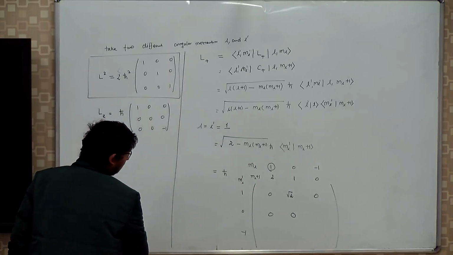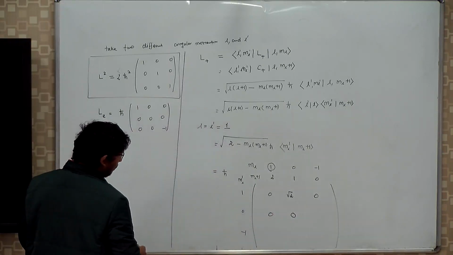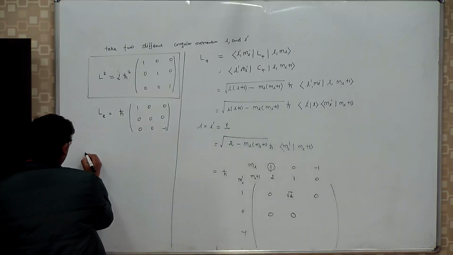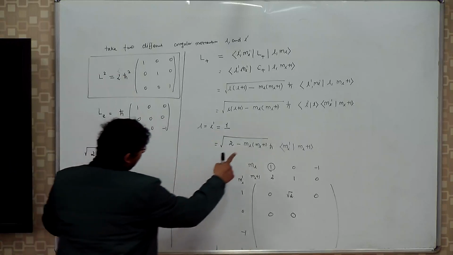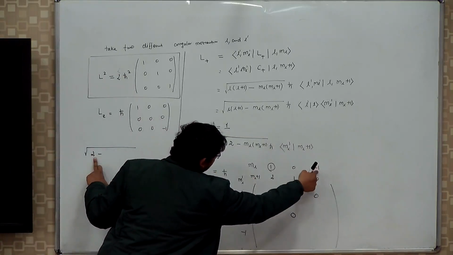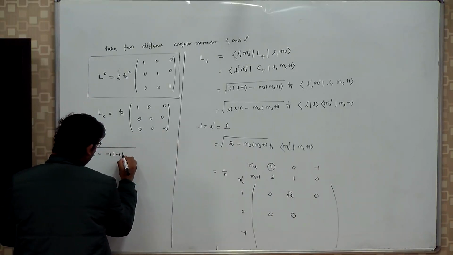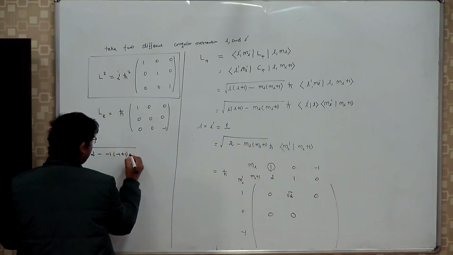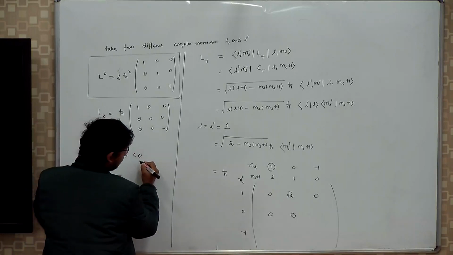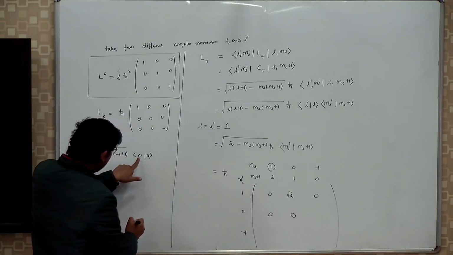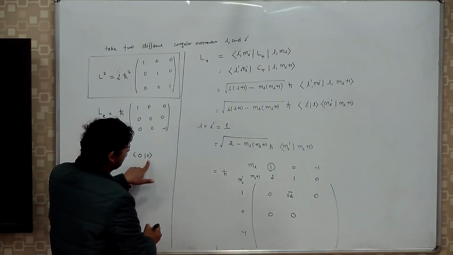When you come to the sixth entry here, inner product between 0 and 0, then square root of 2 minus mL value is nothing but minus 1, then write it minus 1 plus 1, then inner product between 0 and 0, mL dash and mL plus 1, sorry, this is mL dash, this is mL plus 1.